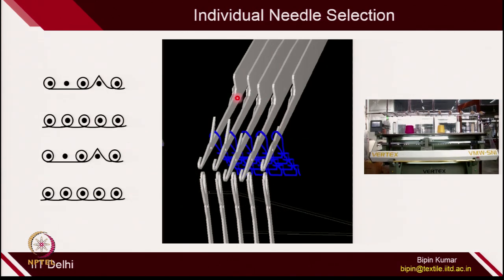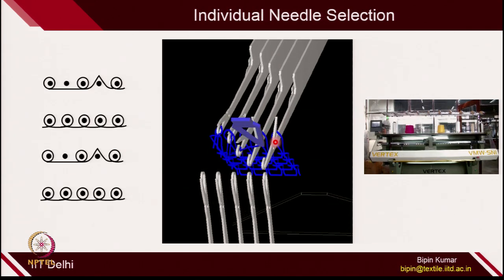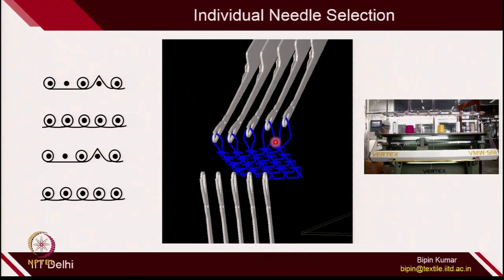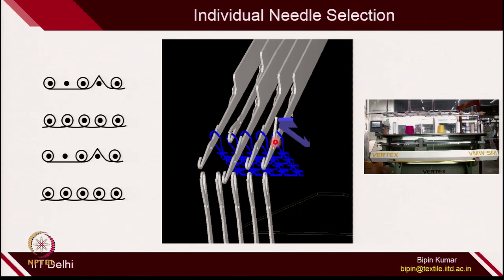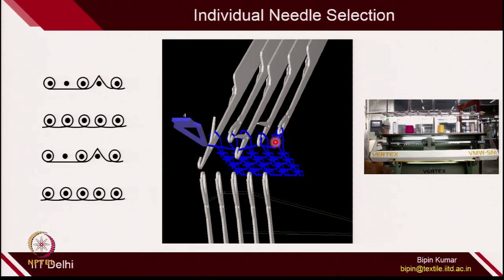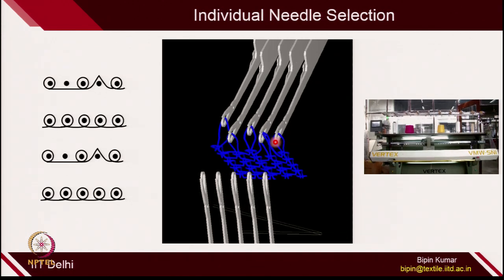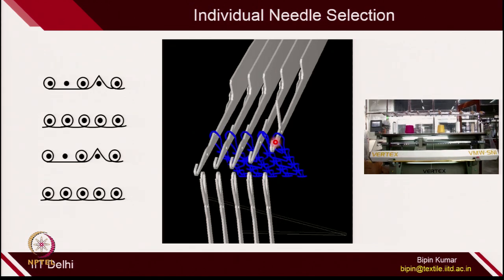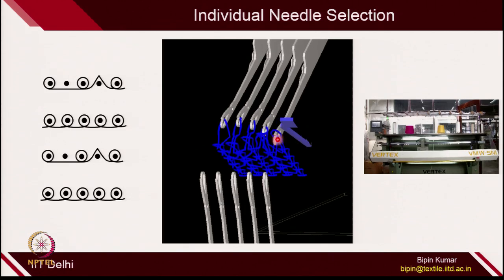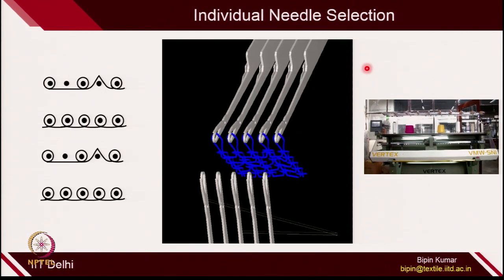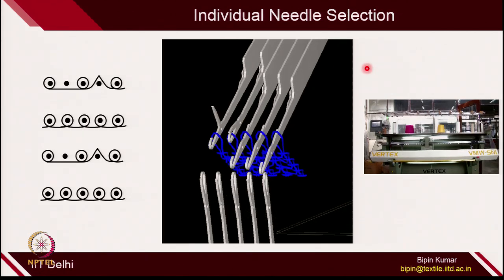So on the same bed any needle can be selected for making any type of stitch. So this is really a very smart and innovative achievement in the field of weft knitting technologies, and it gives a lot of freedom to the fabric manufacturer to play with any designs at any location.